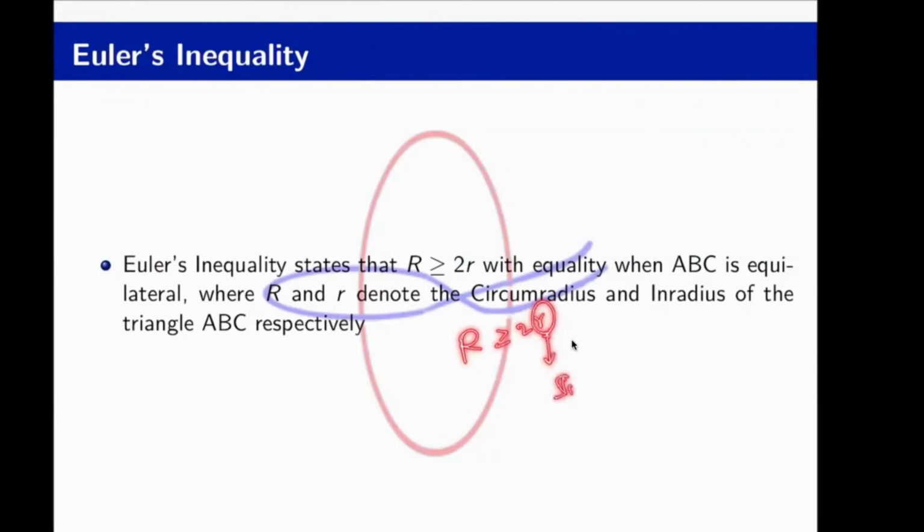Now Euler's inequality states that R is always greater than or equal to 2 times small r. So this is the inradius of the triangle, and this is the circumradius of the triangle. What is inradius? It is the radius of the incircle, and what is the incircle? If we construct angular bisectors, the point of intersection of the angular bisectors of a triangle is the incenter, and the incircle will have the incenter as its center.